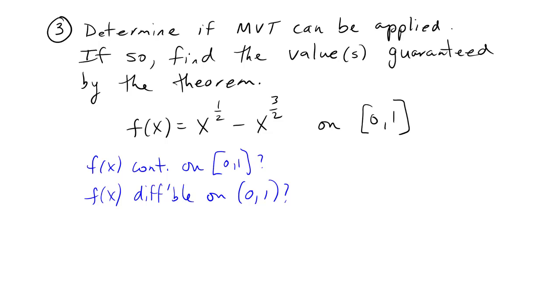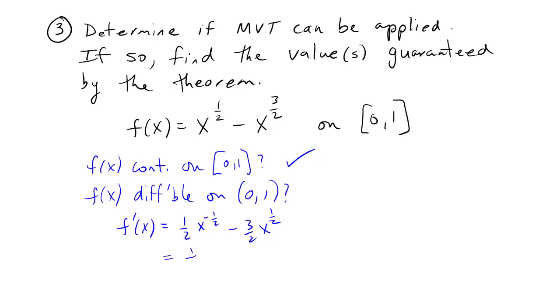Okay, so let's look. Is it continuous? Yes, both of these functions are continuous, certainly on that interval, but everywhere in the real numbers where they're defined. Square roots are not defined in the negatives, but everywhere from 0 onward. Is it differentiable? Let's take a look at the derivative. 1/2 x to the minus 1/2 minus 3/2 x to the 1/2.